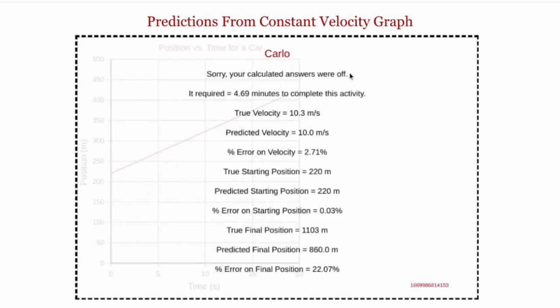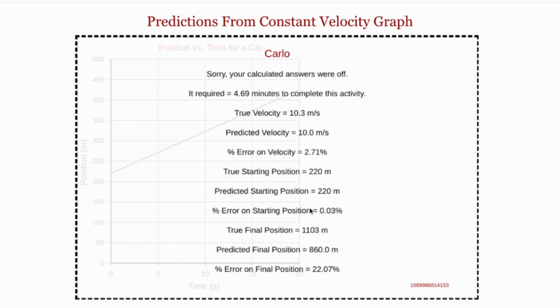Okay, it says my calculations were off, so let's just see. Okay, so its true value is 10.3, mine's 10. I would accept that. 2.7% error, that's fine. Starting position 220, got that right, even though it says there's some error there. So this particular program is pretty sensitive. I would accept this only because these errors are not that far off.